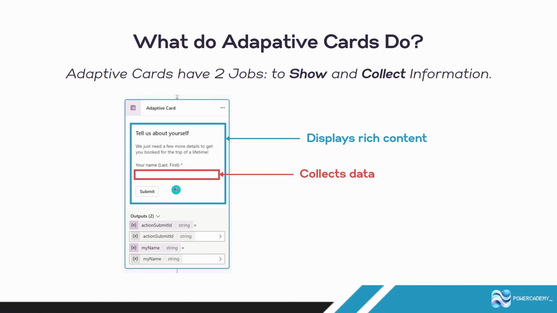For example, once you have their name, and for whatever reason you want to use their name in the conversation, or use that name to look up some data or anything along those lines, you will now have that available in a variable that you can use throughout the flow and pass to other flows as well. So really powerful in that sense. Adaptive cards are like variable machines: every input leads to a variable.